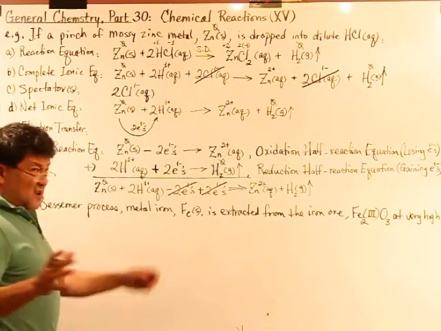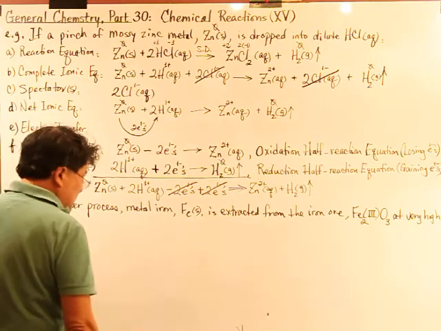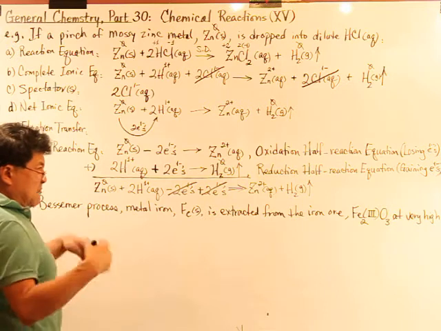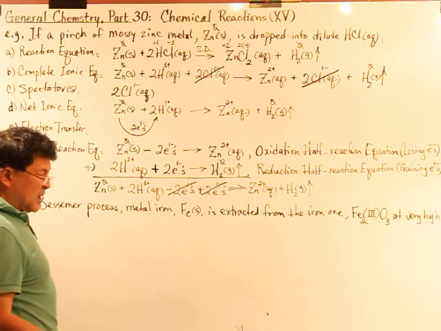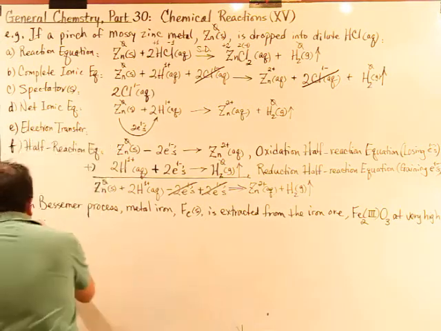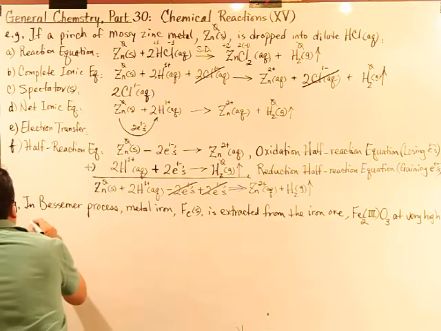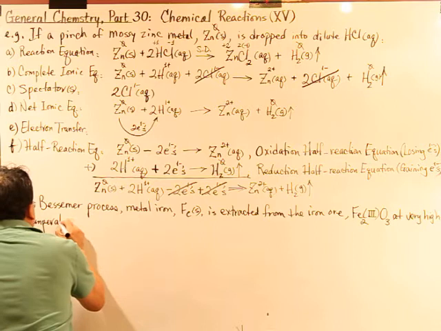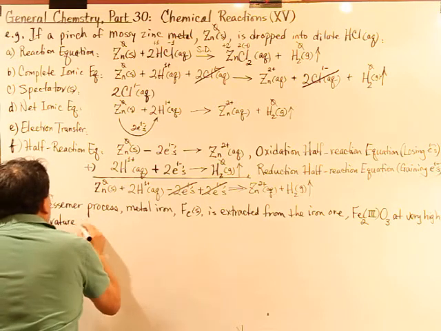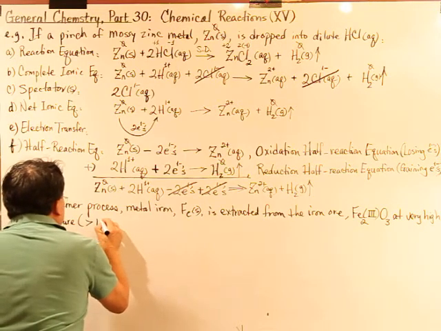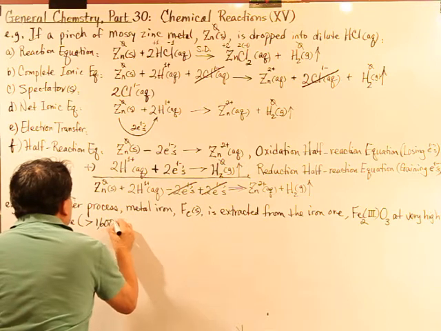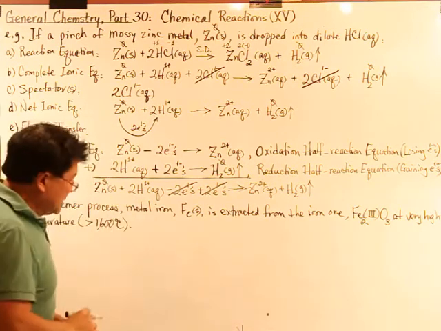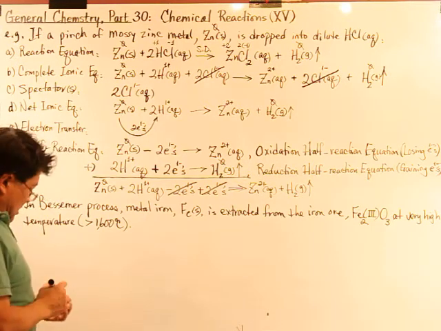Temperatures go beyond 1600 Celsius or 1700, because that has to be beyond the melting point of iron. I think the iron is 1590 or something. Alright, at very high temperature. It's way beyond 1600 Celsius degree. I don't remember exactly, but I think that's probably around that area.